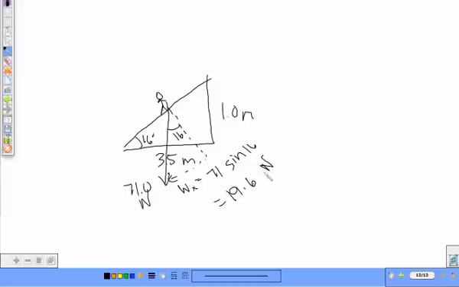So since he's not moving, we could go through and find what the coefficient of friction is. Because we could find the normal force is equal to Wy. Force of friction is equal to 19.6, and we could find the coefficient of friction that way. That's another problem we could do. He's not moving, so the frictional force is equal. Yep.